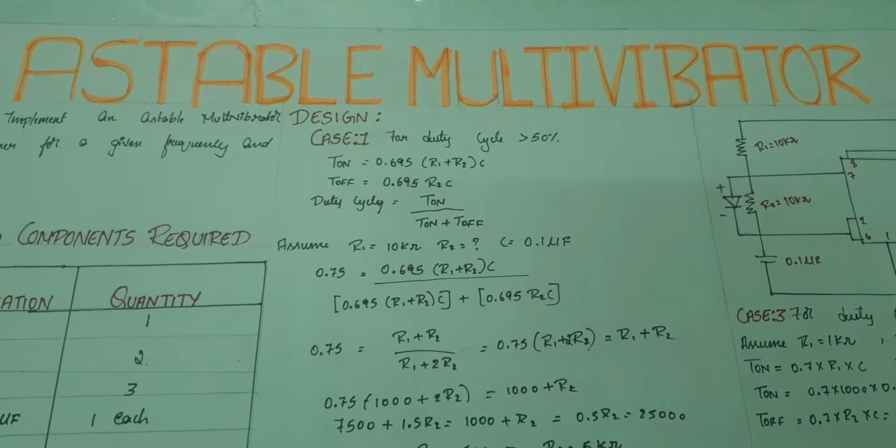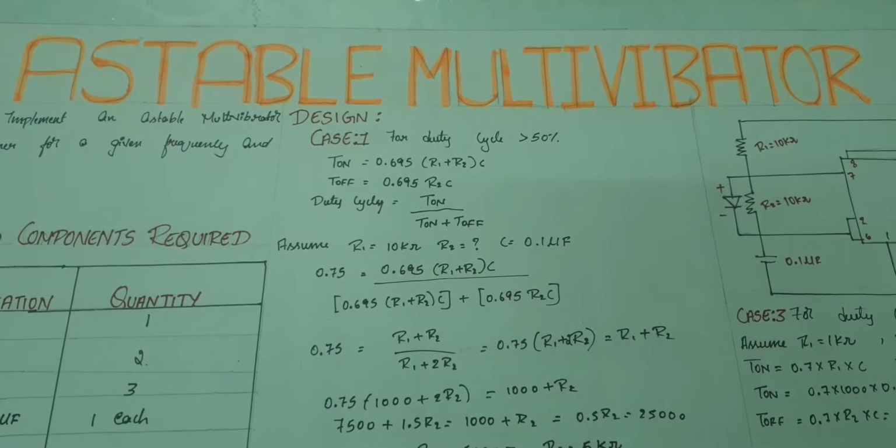As we have said, there are three cases to calculate the duty cycle: greater than 50, equal to 50 and less than 50. Let's consider your case 1. In case 1, we have two things, T on and T off, for the duty cycle which is greater than 50%.